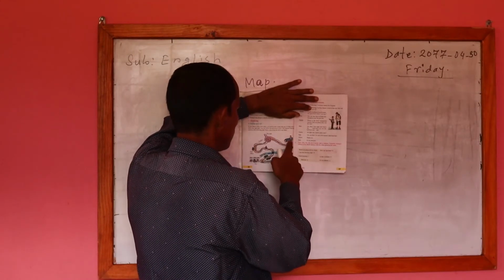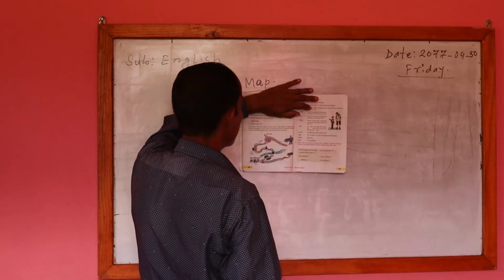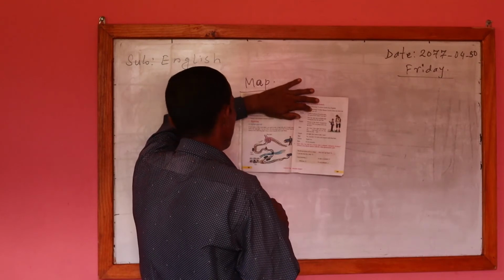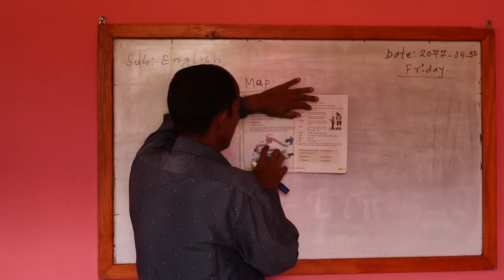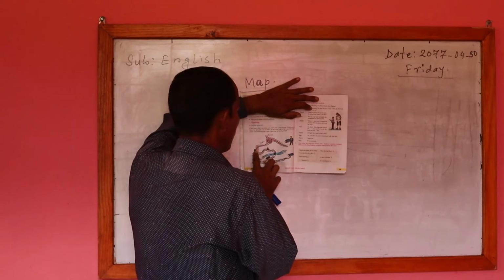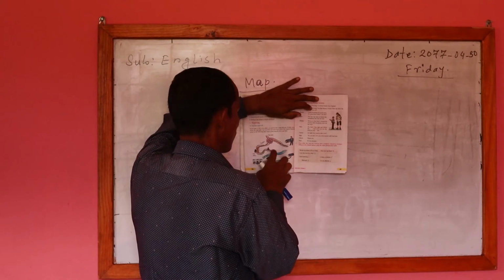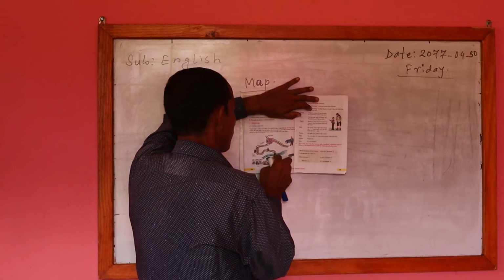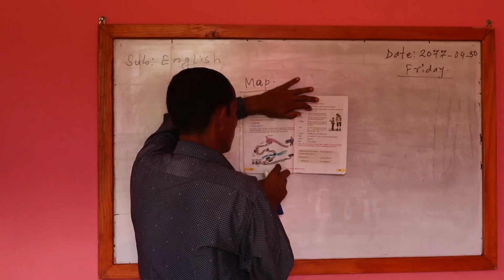Now we can say, if you move forward, you will reach the bus park, and from the bus park you have to walk to your left and you will reach the post office. If you go forward there, you will reach the temple, and after that you will get to a short bridge, and after that you can find some gardens on both sides.